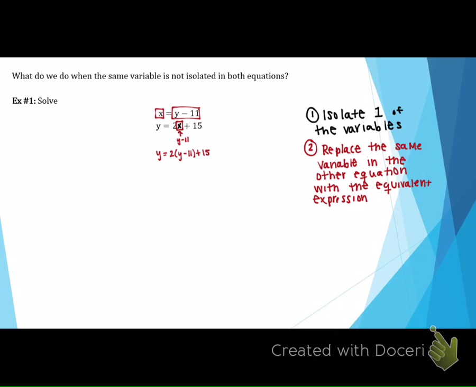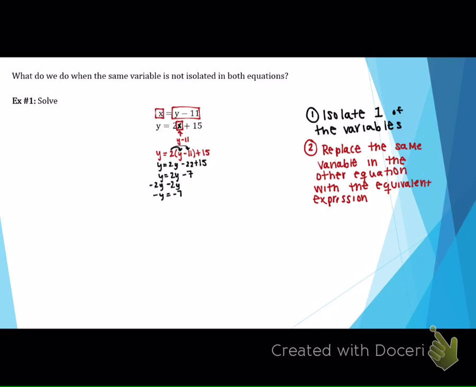So Jenny, what would you do first to solve this? You would distribute the 2 to both of those pieces and you get 2y minus 22 plus 15. Then what? So you add together negative 22 plus 15. So we get 2y minus 7, then what? Then you would put the 2y over. So we subtract those on both sides and we get negative y equals negative 7.